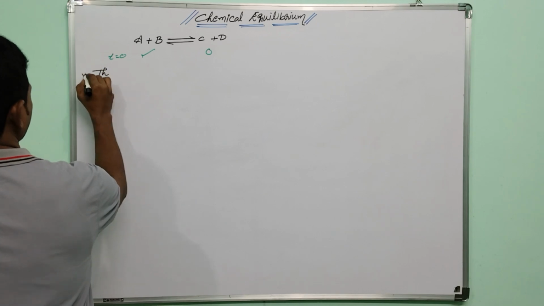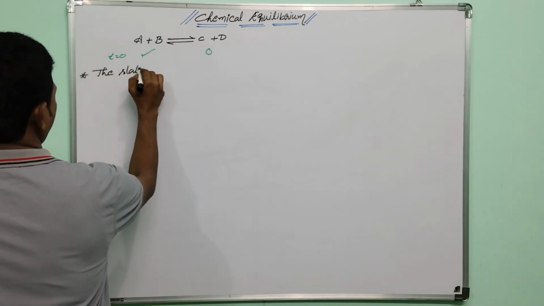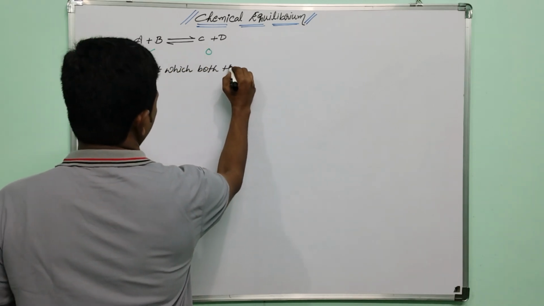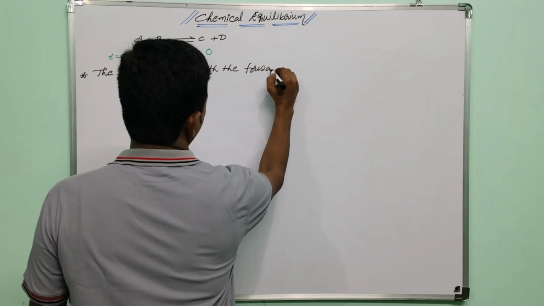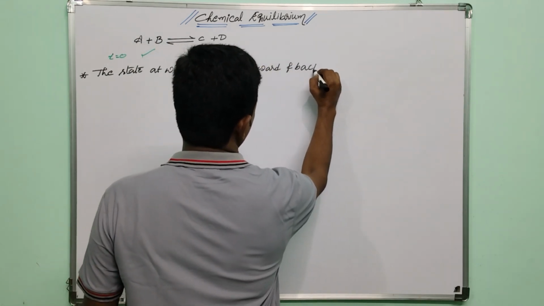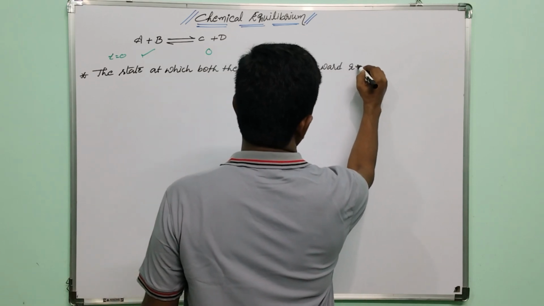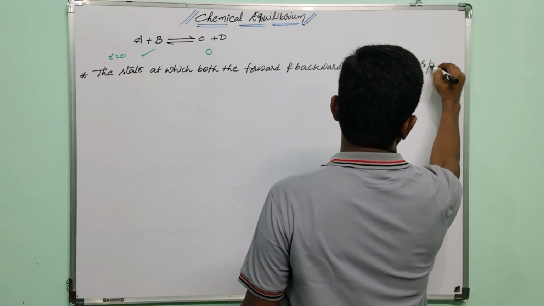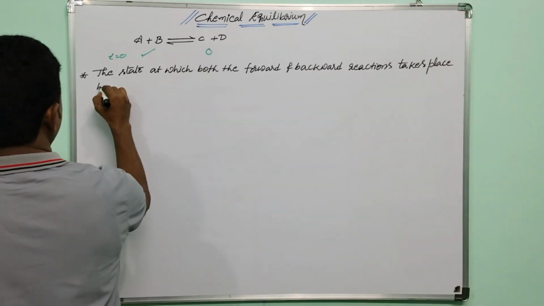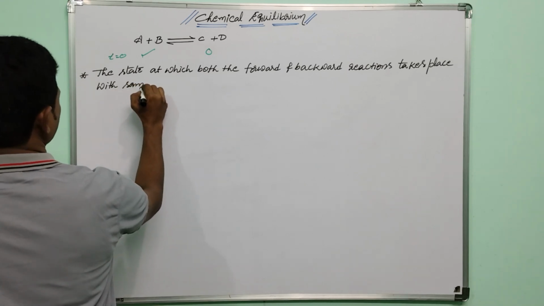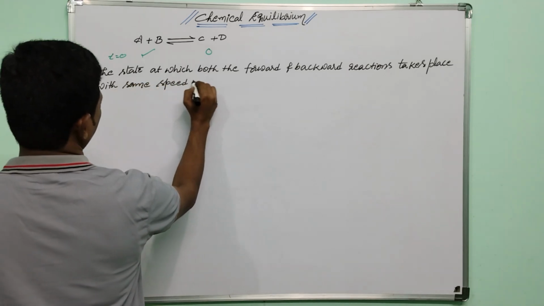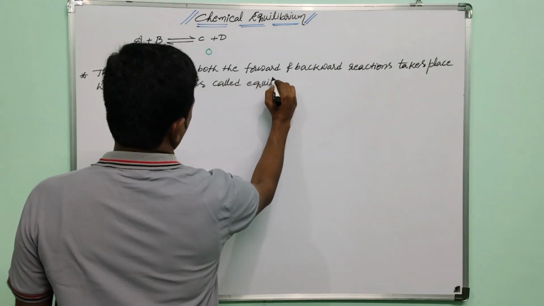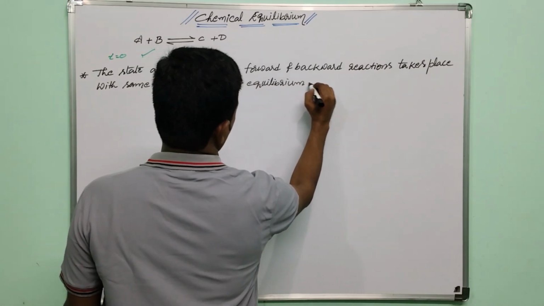So the state at which both the forward and backward reactions take place with the same speed, nothing but the same rate, is called the equilibrium state.